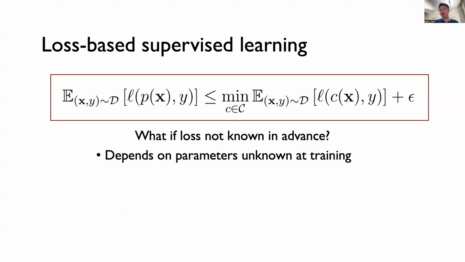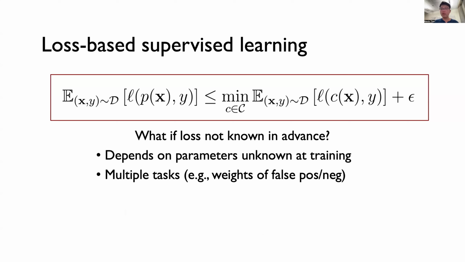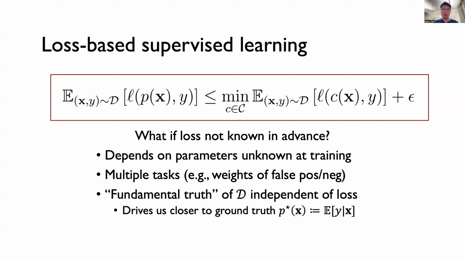So the main motivating question in the definition of omniprediction is what happens if we do not know the loss that we would like to measure our predictor against in advance. In particular, this loss could depend on parameters that are unknown at the time of training. Moreover, we might want to measure our predictor using multiple losses, for example, different balances of how much we care about false positives versus false negatives.